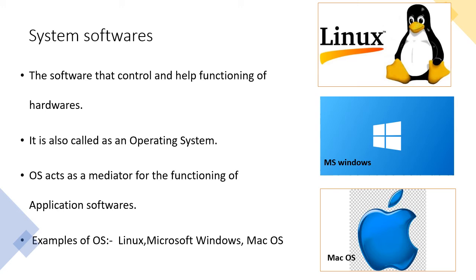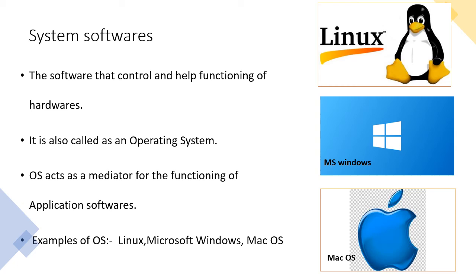So we can say in order to use application software, we need system software to work properly. Or otherwise, we can conclude operating system acts as a mediator for the functioning of application software.